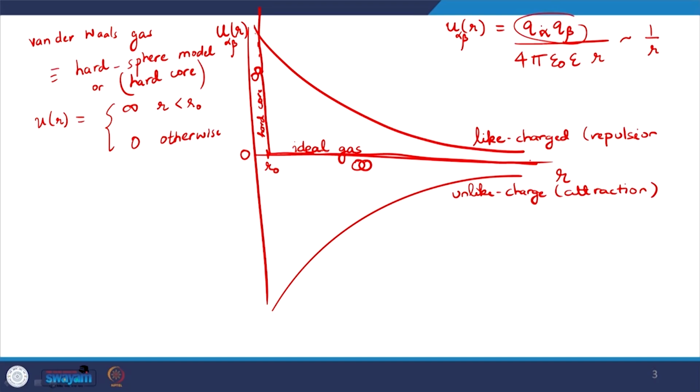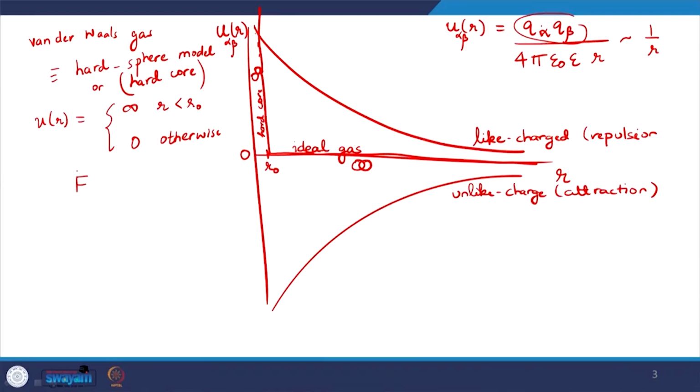Now, there is a problem in this particular function. Let us say I am using it for molecular dynamics. I have said that the force is given as the gradient of this U, and U is the sum over this small u between every pair of particles.